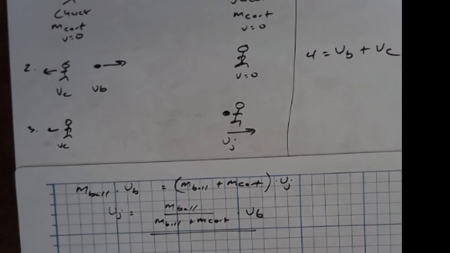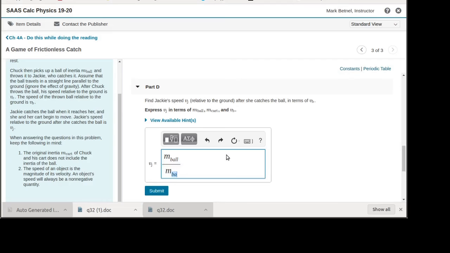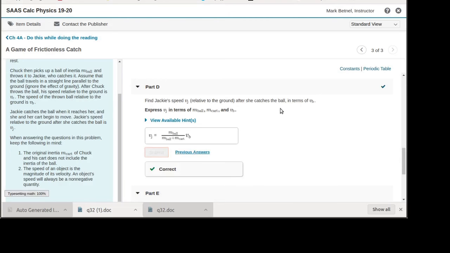There we go. So then I can take that back over to here and write m ball divided by m ball plus m cart times v sub b. And submit. And I got it.